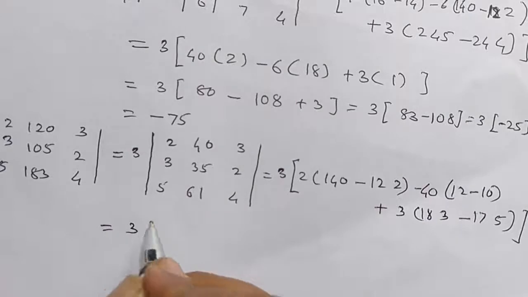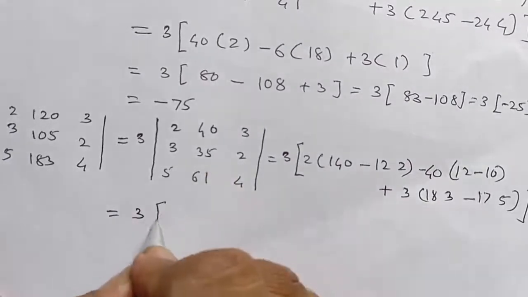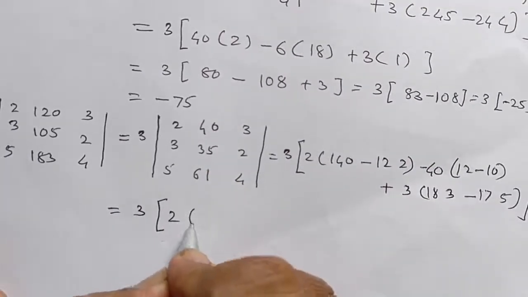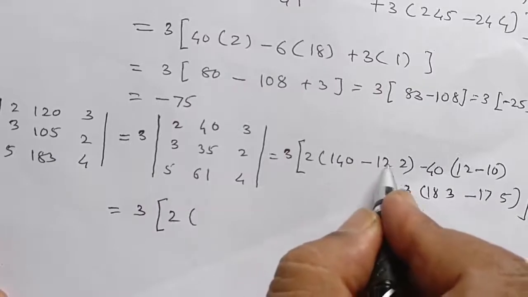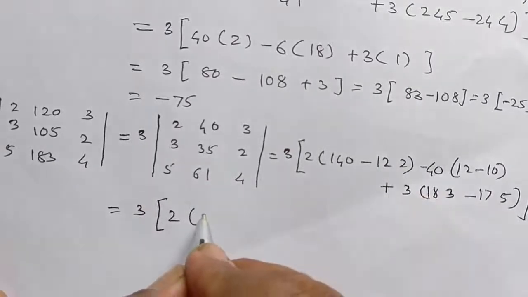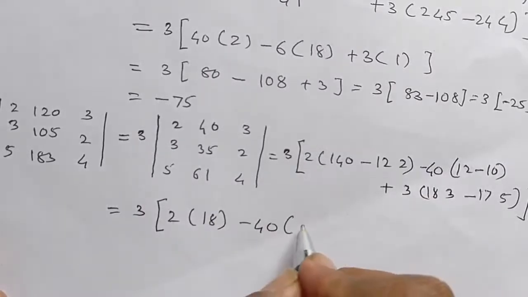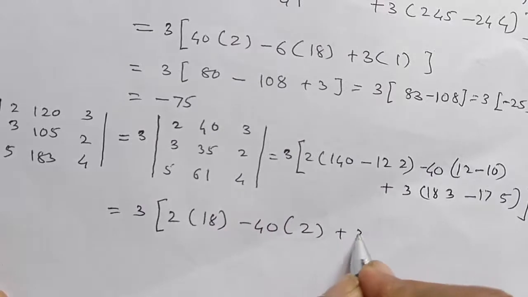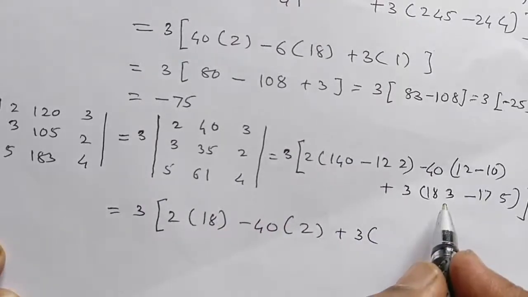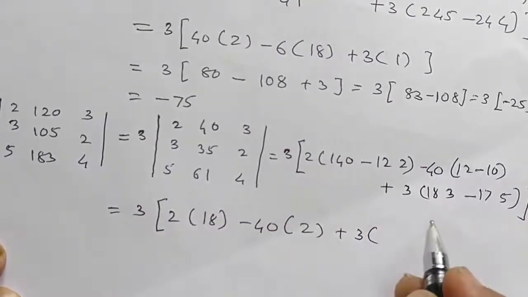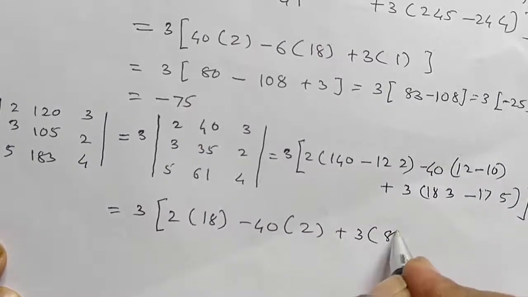which is equal to 3 into bracket 2 into 140 minus 122 is 18, minus 40 into 2 plus 3 into 183 minus 175 is 8.